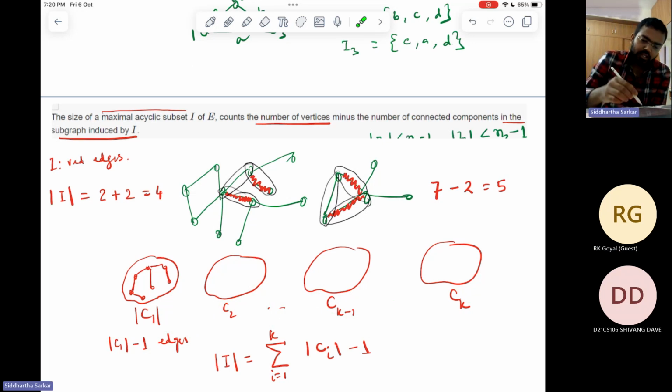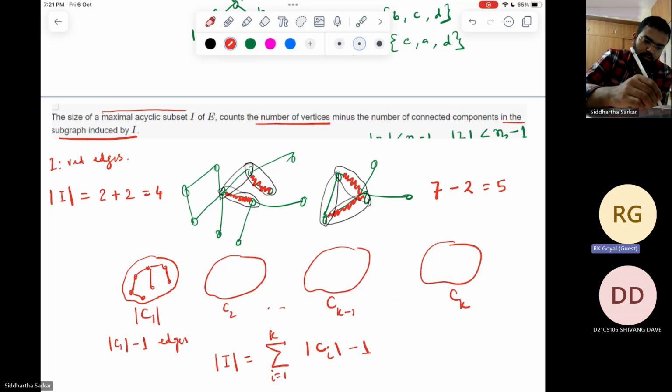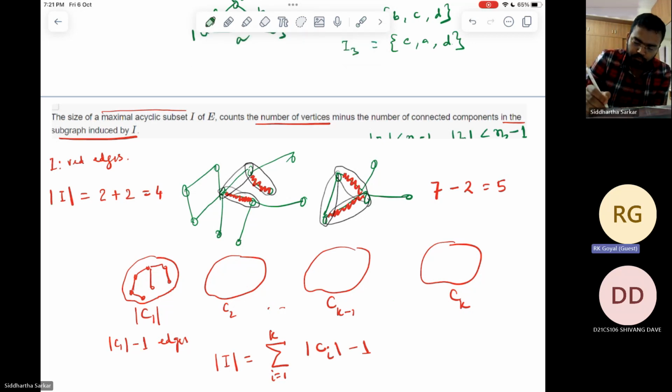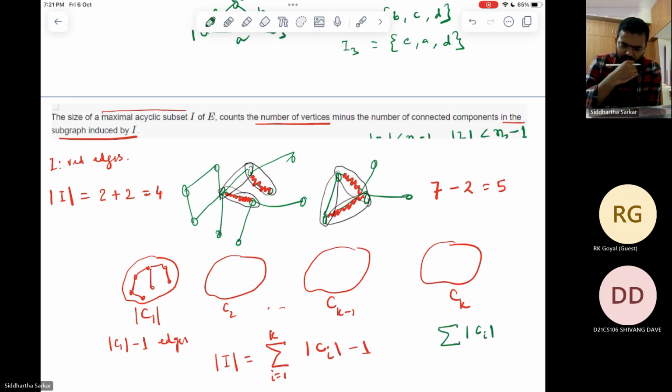Okay. So how many vertices are in all these components? There are C1 vertices and C1 minus 1 edges. Overall, in total we have the summation of the Ci as the number of vertices.